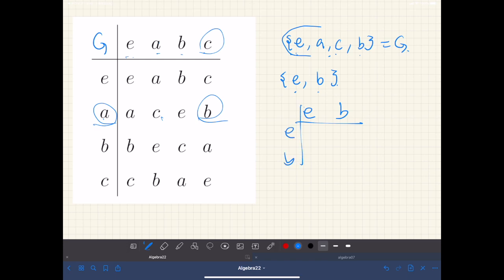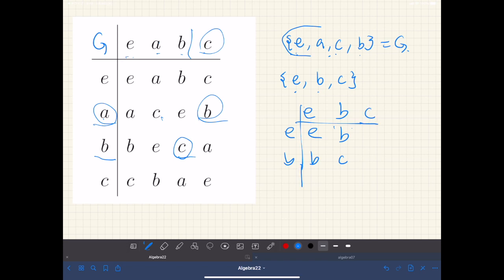If this is a group, then this element, B times B, must be E, because in every column all the elements must be different, so the only possibility is E. So let's look at this table. B times B is C. So it's not E. Therefore, this subset is not closed under multiplication, and we have to add the element C.